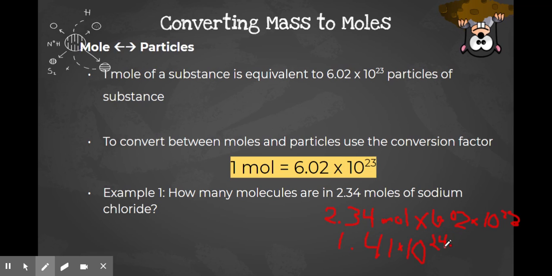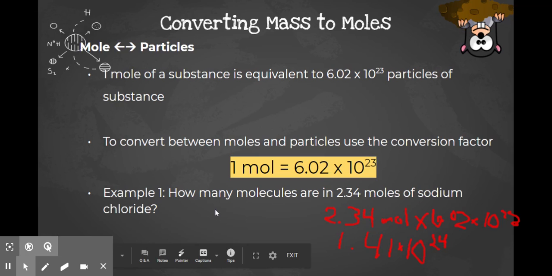As you're working through this, if you don't remember your rules on scientific notation, go back and watch that video, or look it up, or ask me. But this is how you do that conversion. 2.34 times 6.02 times 10 to the 23rd, which means in 2.34 moles of sodium chloride, there's 1.41 times 10 to the 24th particles. So that is an extremely large number of particles.